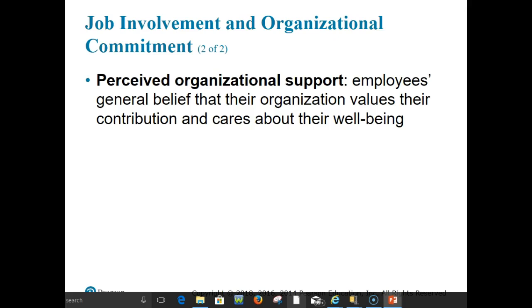High levels of perceived organizational support lead to increased job satisfaction and lower turnover rates. So perceived organizational support is employees' general belief that their organization values their contribution and cares about their well-being.